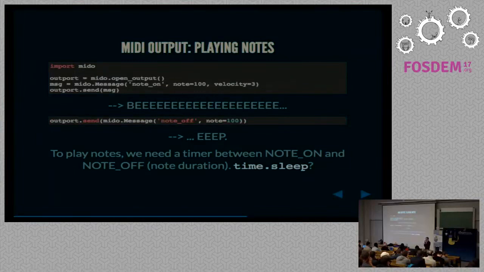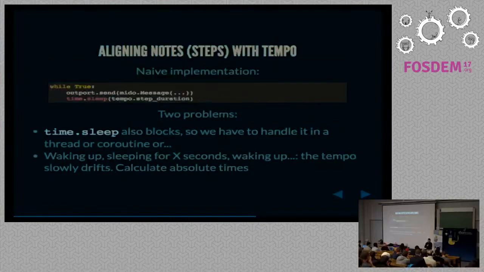So to play notes in a human sense, we have to have a timer between note on and note off, which corresponds to the note duration. We can do that maybe with time.sleep.